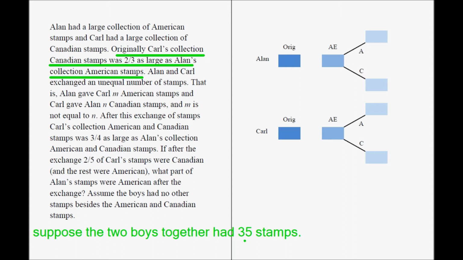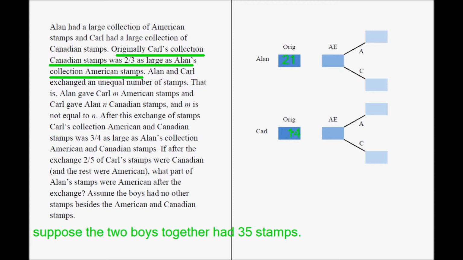I'm going to get 7. So Alan had 3 of those parts. 7 times 3 is 21. And Carl had 2 of those parts. Each part is 7. And Carl had 2, which turns out to be 14.